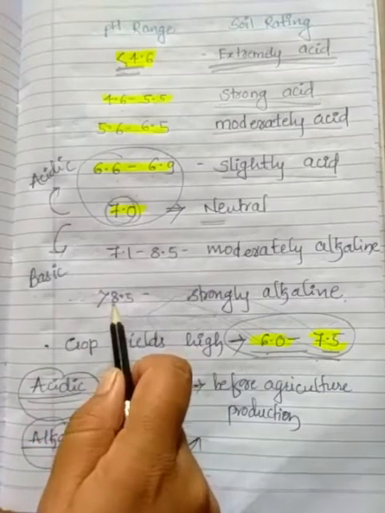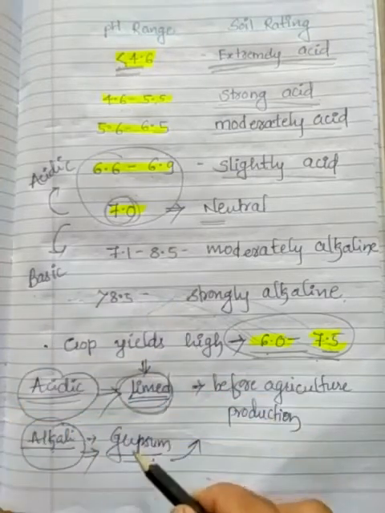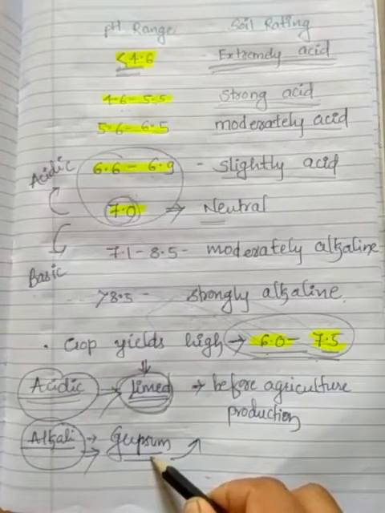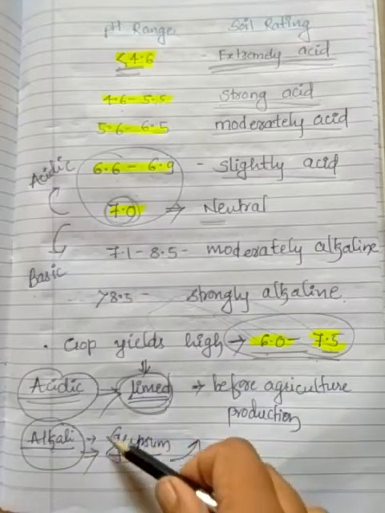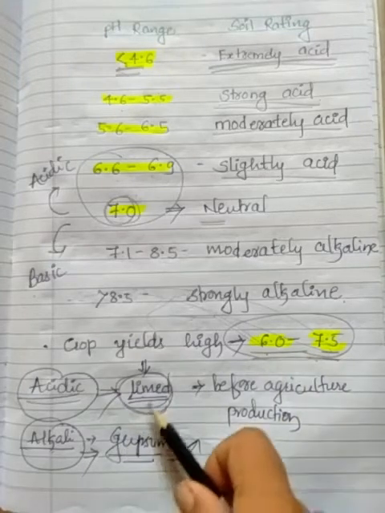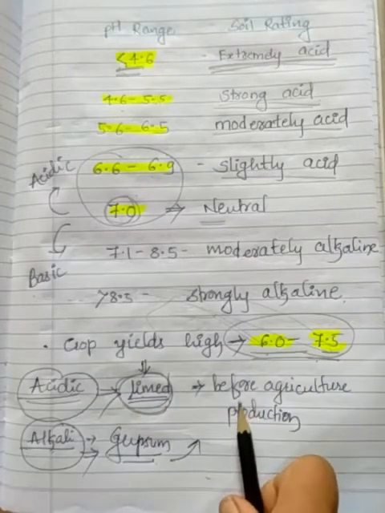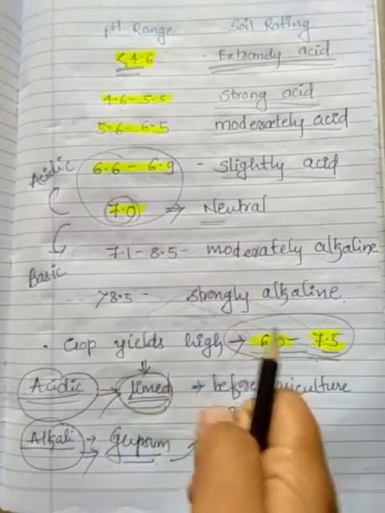Consider, if our pH is more than 8.5, then what are we supposed to do? We have to add gypsum to the soil before agricultural production, and then it will come to our normal range of 6.0 to 7.5, and only then will we get good crop yield. Okay, so let me tell this part once again.